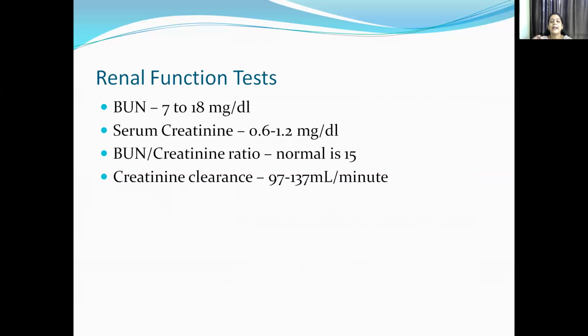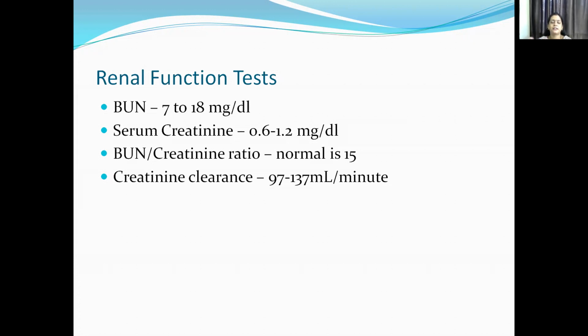Then coming to the creatinine clearance. Now, creatinine clearance is usually less than 100. If it is less than 10, that means the patient is having a very bad renal state. The creatinine clearance is usually 97 to 137 ml per minute, and after 50 years, usually 1 ml per minute is getting decreased.